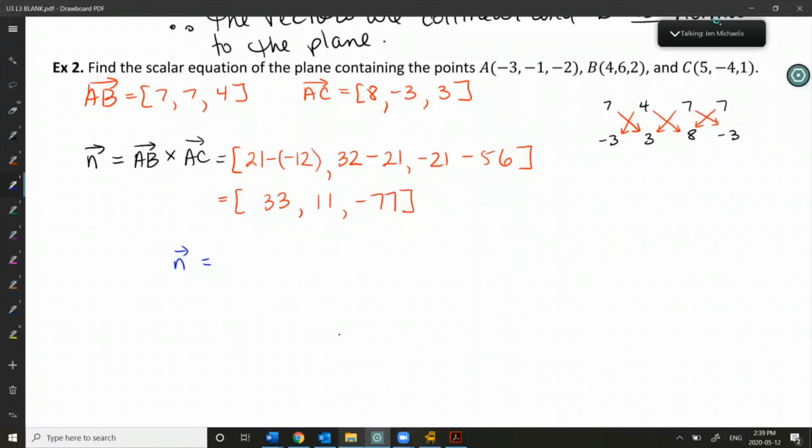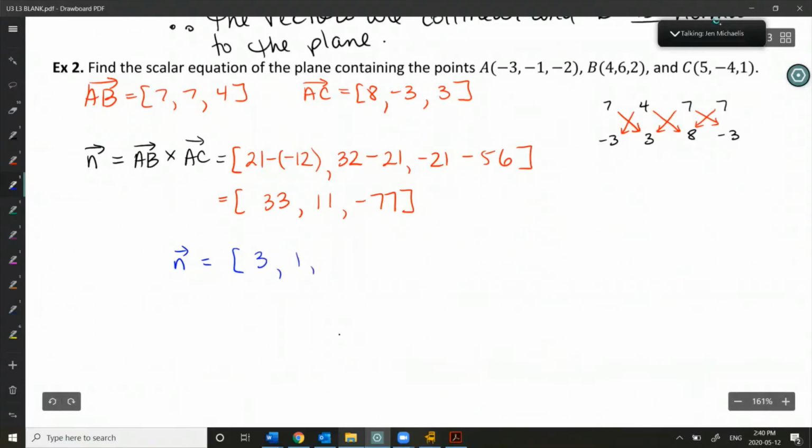So if you happen to cross the vectors in the opposite direction and you got -33, -11, 77, let's divide out a -11 so that we can make that x component positive. We usually like to have the first coefficient of the scalar equation of a plane positive, just so we're all expressing that in a similar way. So mine's already positive, so I'm going to take each component here and divide by 11.